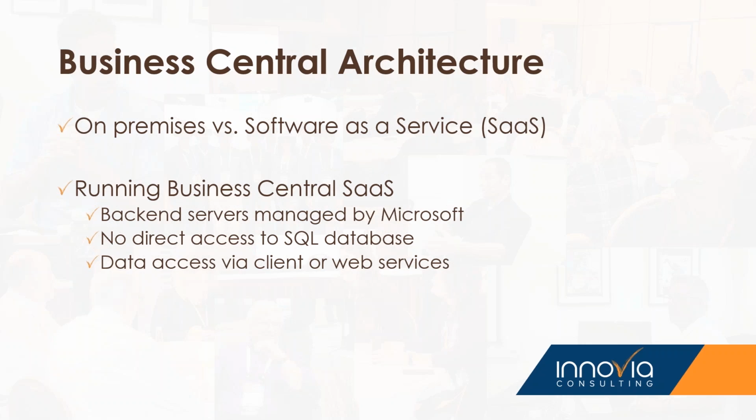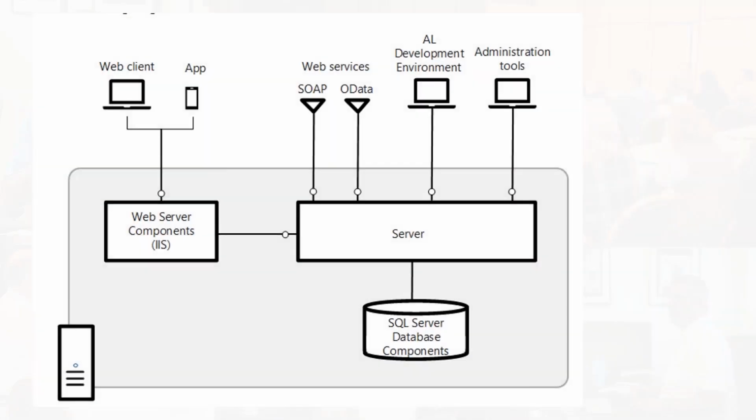Because the diagram always shows a lot more than words, what we have here is a quick overview of what the server, the installation environment looks like. Everything that you see down here at the bottom in gray is what Microsoft is now managing. So you have your web server, IIS components for your web client and your tablet or phone app.